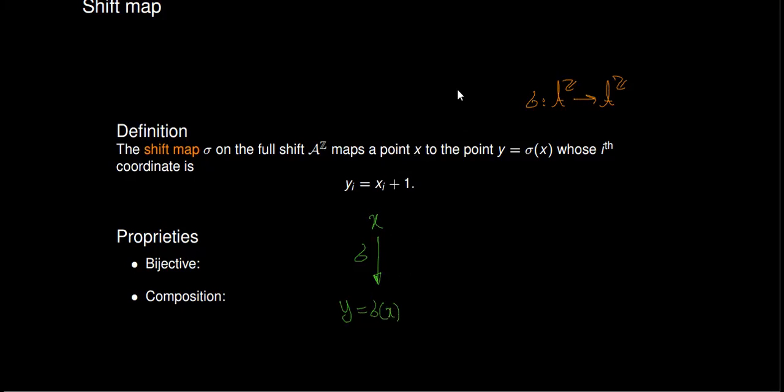Let me write all of the letters of this two-sided infinite sequence: x0, x1, x2, x3, and so on, and x minus 1, x minus 2, and so on.